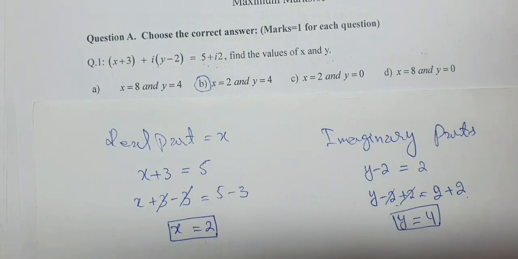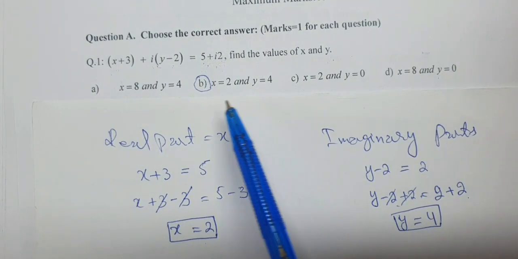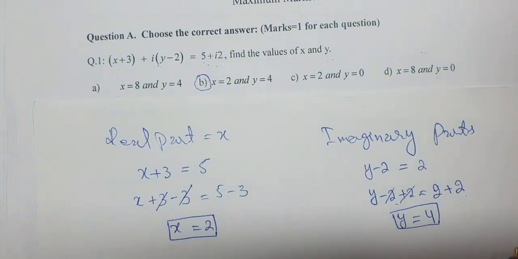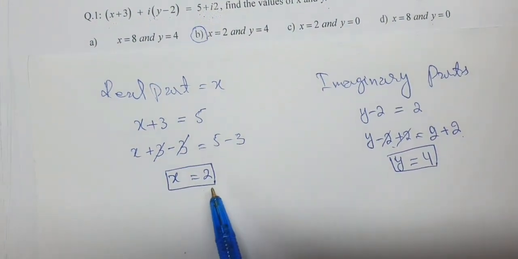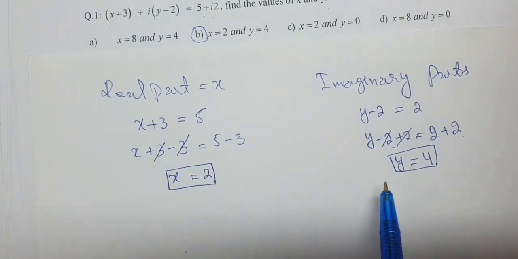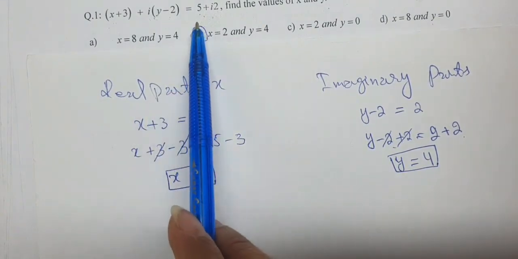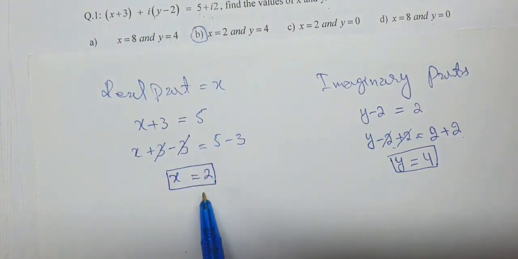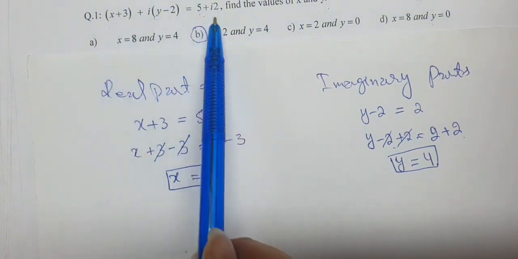Now if you are not given the options here, how can you figure out whether you have solved the problem correctly or not? To check whether this is the solution of this equation or not, we need to substitute these values back into the equation.